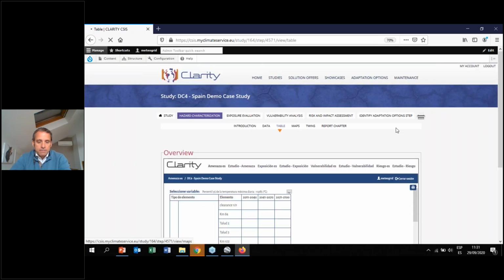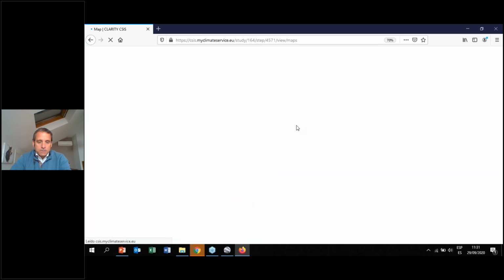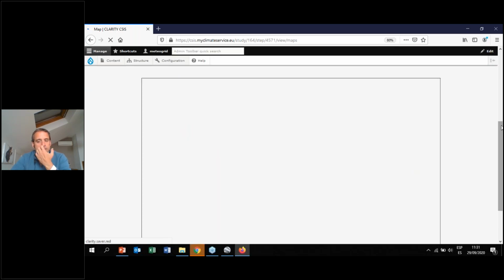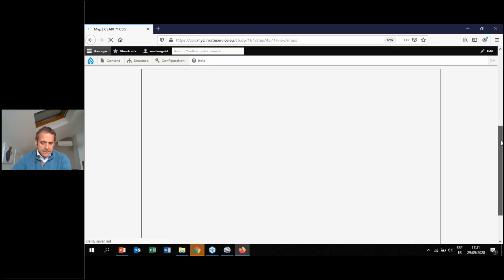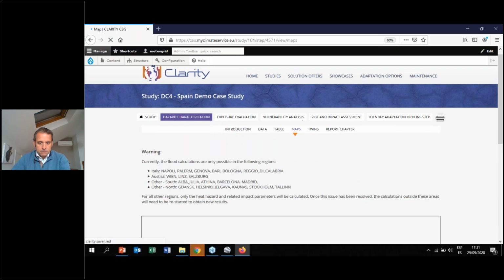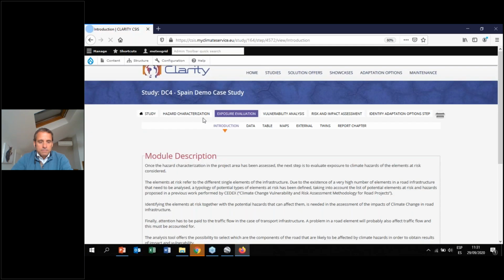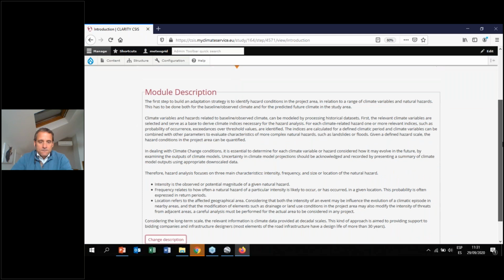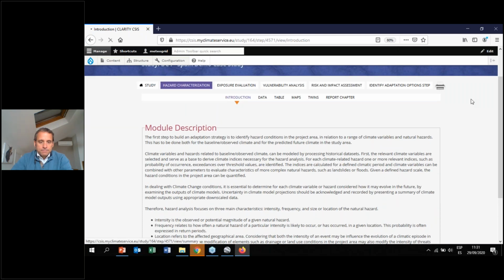Let's see the map. I'm going to show you how the maps work, okay. And also, as previously explained by my colleagues, by Ernesto and Laura, and according to the type of infrastructure, why is the map not loading? So the map is supposed to load.